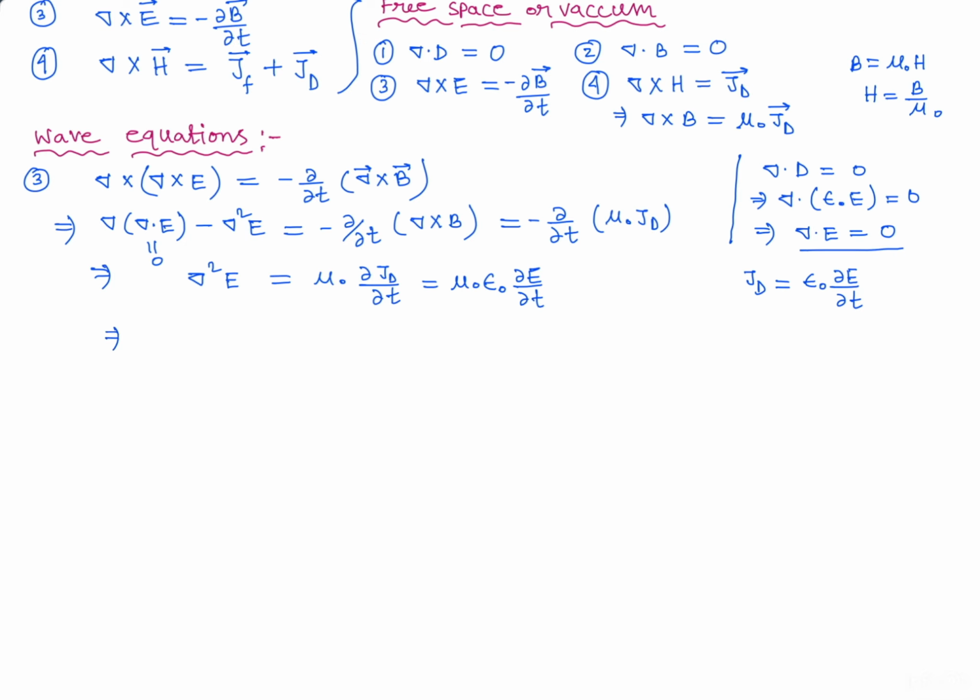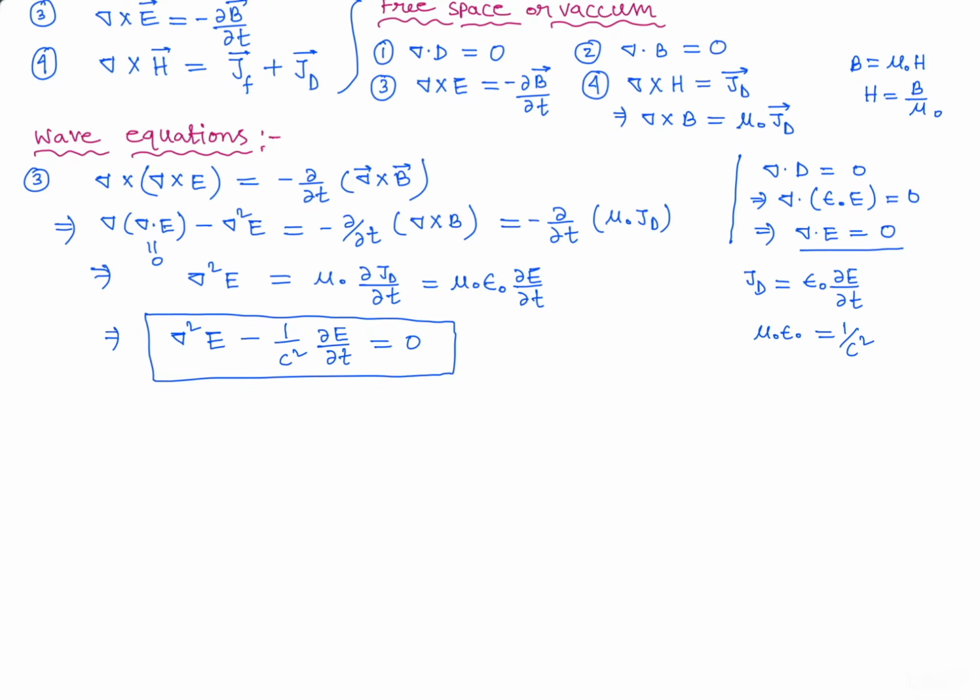And again we know mu 0 epsilon 0 equal to 1 by c square. So putting this value, we get grad square E minus 1 by c square del square E by del t square equal to 0. This is the wave equation for electric field.